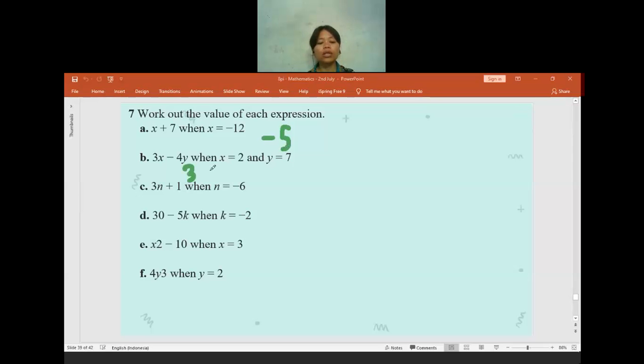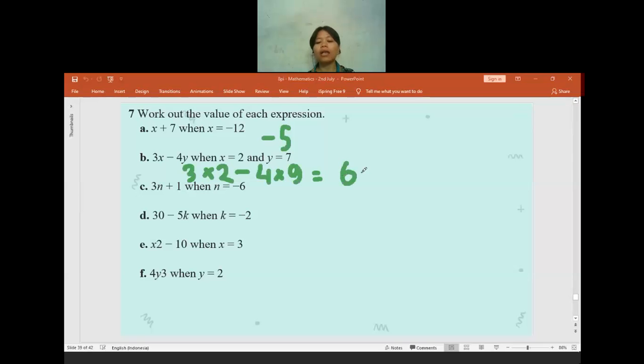So we do 3 times 2 minus 4 times 7. There is subtraction and multiplication. Remember BODMAS, we have to do the multiplication first. So 3 times 2 is 6.